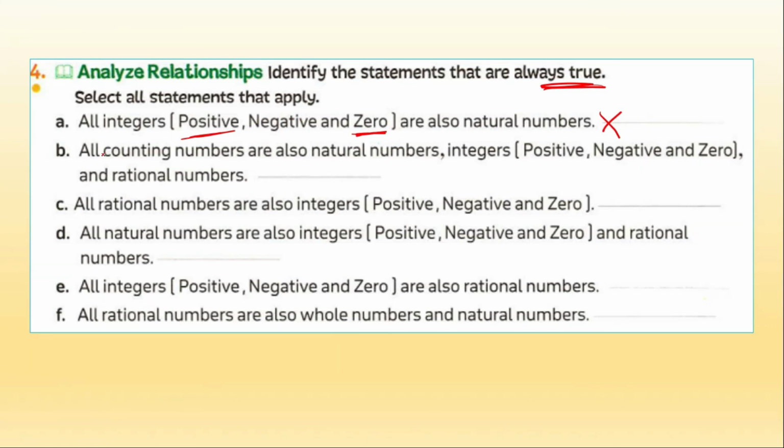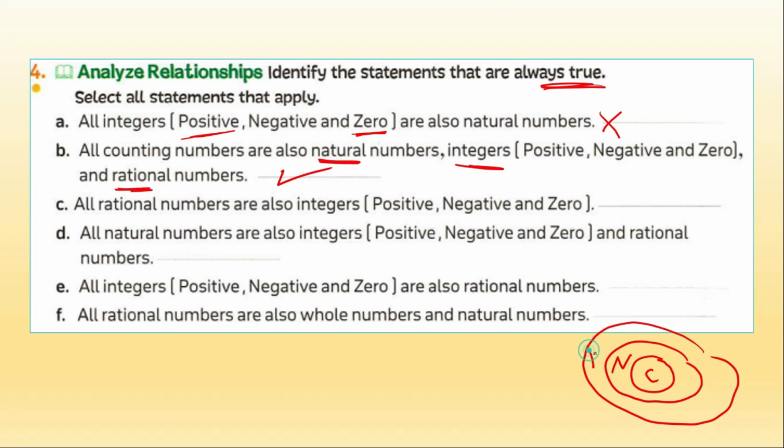The next one, all counting numbers are also natural, integers and rational. طبعا صح الكلام ده، لأن ال counting هي already inside natural, inside integer, inside rational. ولو السؤال ده ملخبطك هترسم السيركل زي ما رسمناها قبل كده. أول سيركل معانا هي كانت ال counting، بعد كده الأكبر منها ال natural، بعد كده الأكبر integers، بعد كده الأكبر خالص ال rational، عشان تسأل نفسك على طول في inside ولا مش inside.